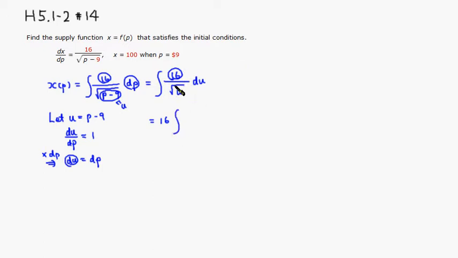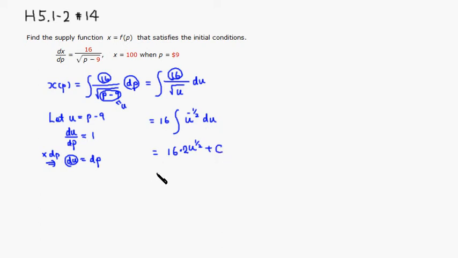1 over square root of u is u to the, well, u is on the bottom, so it's a negative power. Square root, so it's the 1/2 power, du. Then we can just find the antiderivative. Add 1 to the power: negative 1/2 plus 1 is positive 1/2. Dividing by 1/2 is equivalent to multiplying by 2, plus some constant c.